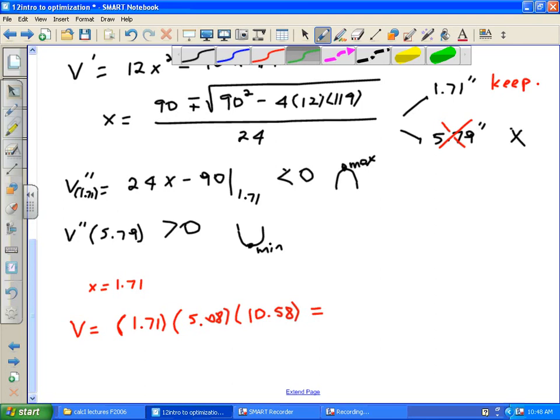So we did a little bit better, 91.9, roughly 92 cubic inches. So the dimensions are these, and the maximum volume you can obtain with that sheet of paper, if you're cutting from the corners, is 91.9 cubic inches.